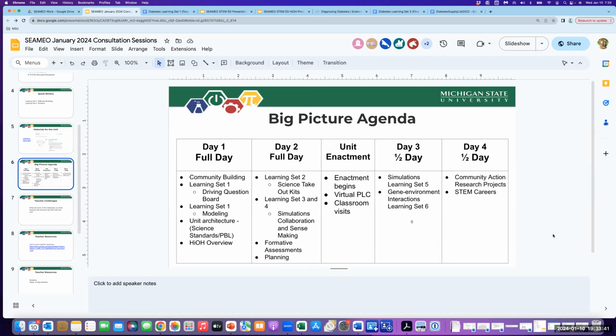By high school, that's where they need to know things like alleles, and more of the specifics of genetics. But at the middle school level, it's really just building that foundational knowledge of genetics.